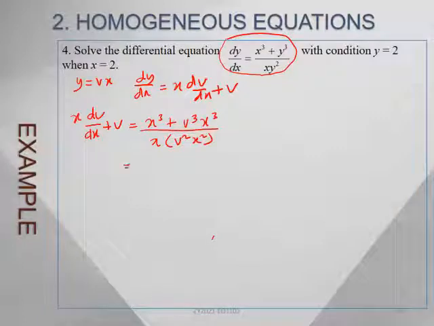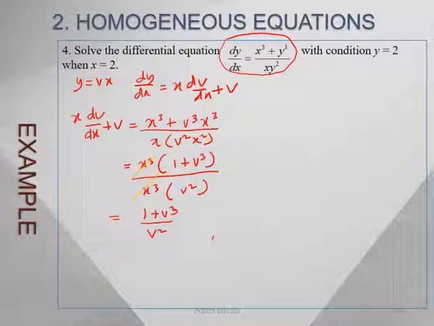So in the end we'll have x cubed times 1 plus v cubed divided by x cubed v squared. So we can cancel out, so we're just left with 1 plus v cubed divided by v squared. On the left hand side it will be x dv over dx plus v.